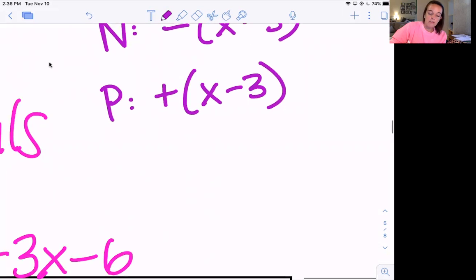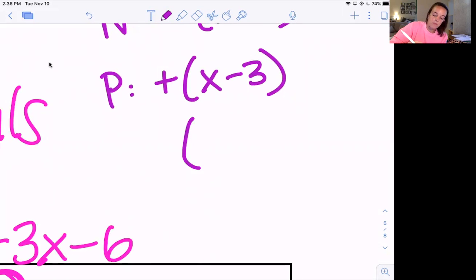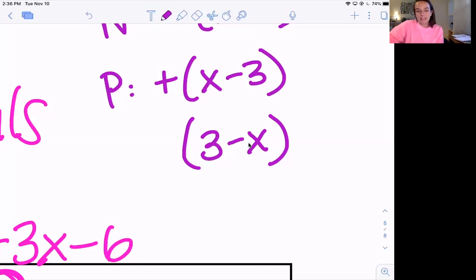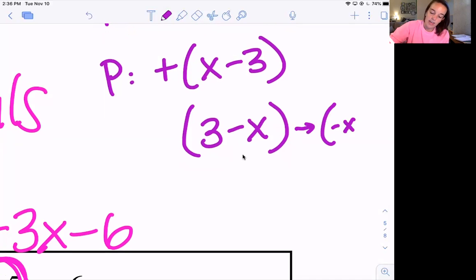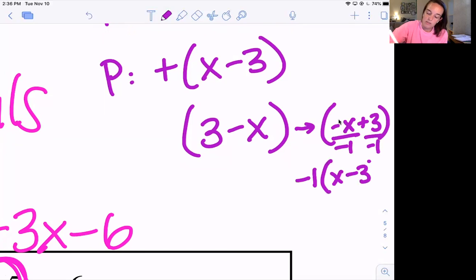Okay. If it was 3 minus x like this, the x is negative. So actually, we would need to write this as negative x plus 3. And that is a negative x, right? So with this negative x, we would need to factor out the negative. So we're basically dividing by -1, like that. So I'd have -1 times x minus 3.